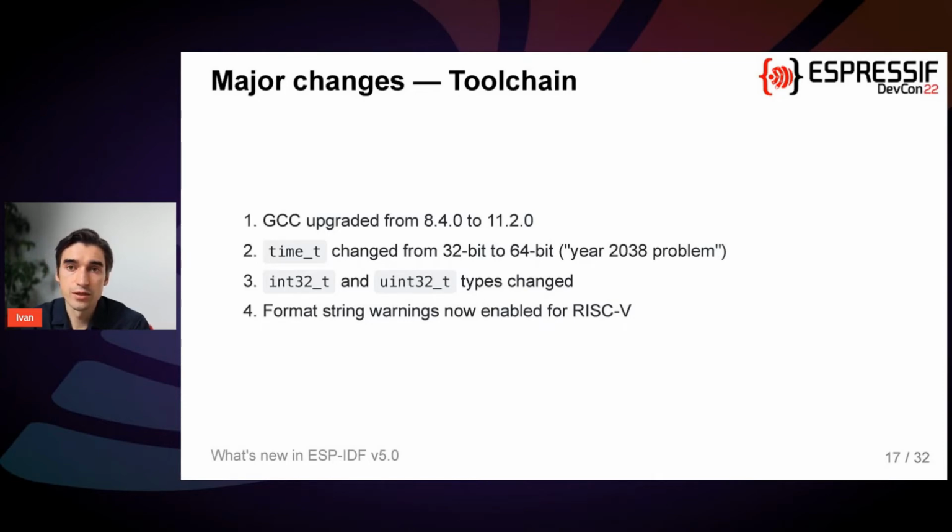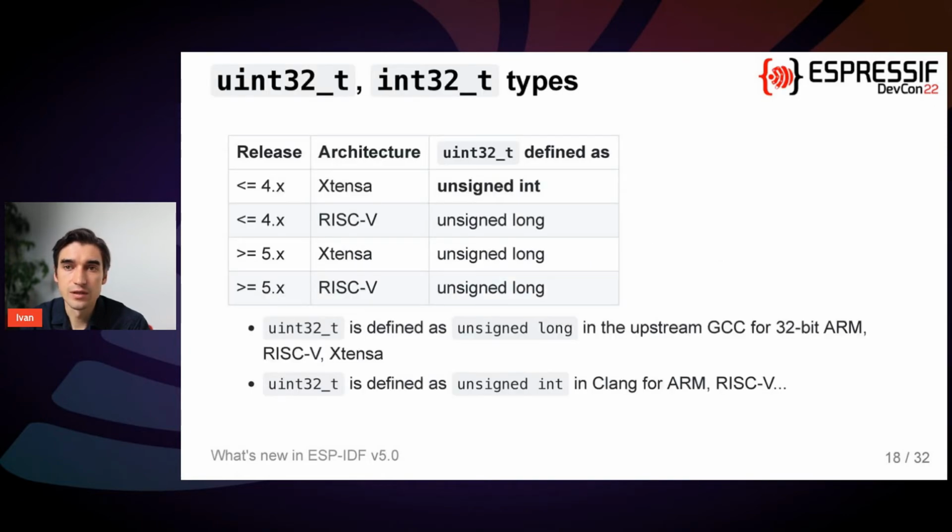And the last two changes in the toolchain area, they're kind of related. This is related to the way uint32_t and int32_t types are defined. Previously in 4.x releases, the way those types were defined was actually different for Xtensa and RISC-V architecture. For example, on Xtensa, uint32_t was defined as unsigned int, and for RISC-V it was defined as unsigned long.